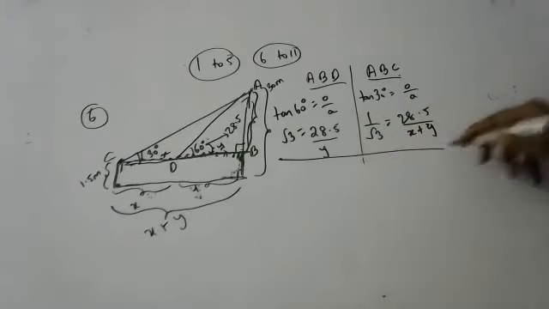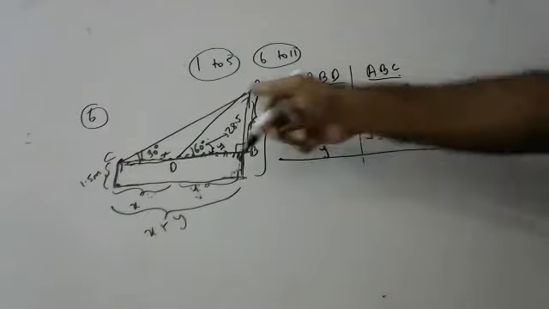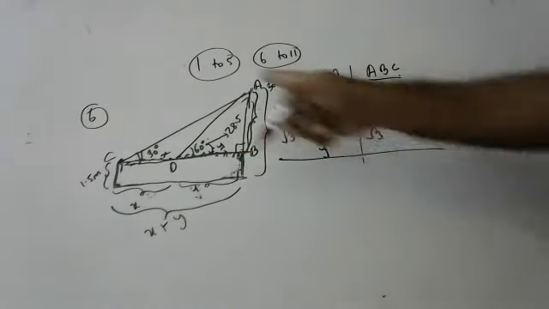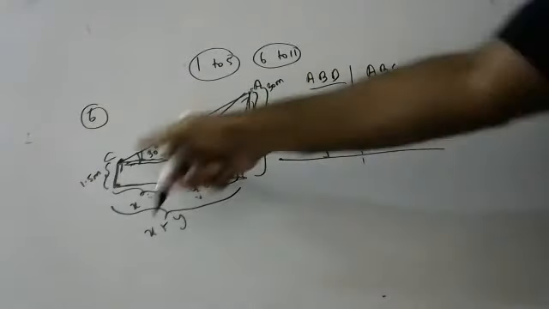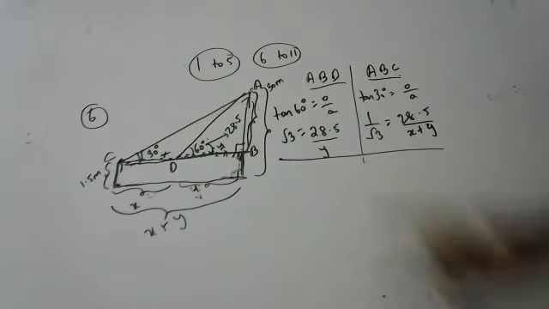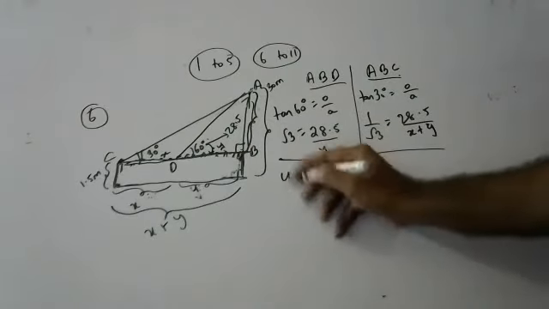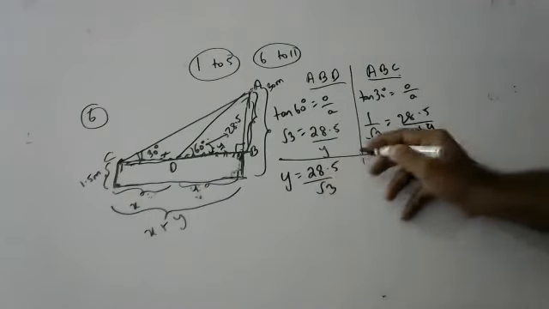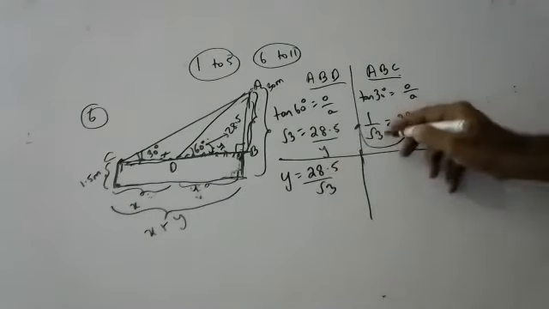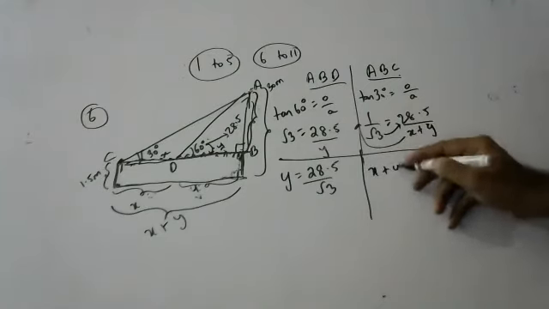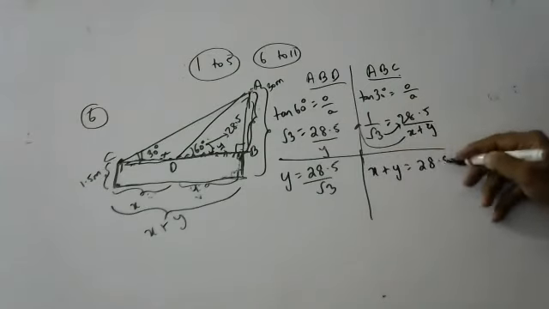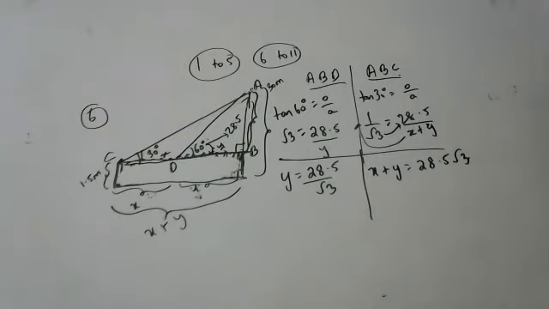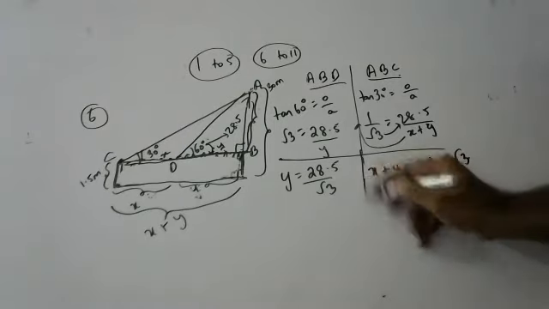First, I have taken the small triangle, then I have taken the big triangle. So y comes here, root 3 goes down. y is equal to 28.5 by root 3. This goes here, root 3 comes here, cross multiplication, x plus y is equal to 28.5 root 3. I hope you are convinced. Now go for rationalization, children.